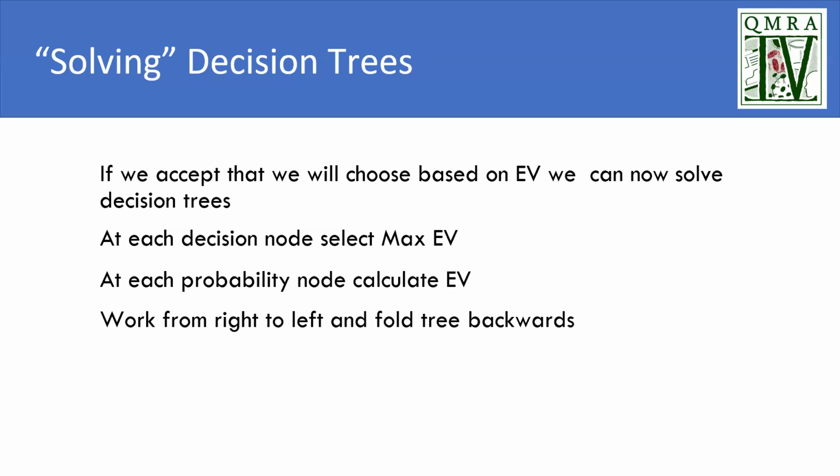At each probability node, we are going to evaluate the expected value and then use that expected value to keep moving backwards until we get to a decision node where we're calculating the expected value for the decision itself. In order to do this, we're going to work from right to left and fold the trees backwards.